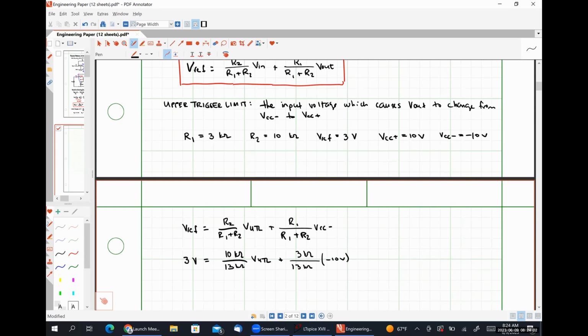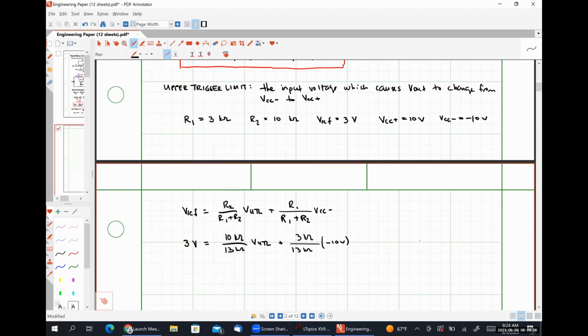And if we rearrange this thing, what we'll find is that our upper trigger limit, VUTL, comes out to be 6.9 volts, which agrees pretty well with what our graph showed us.